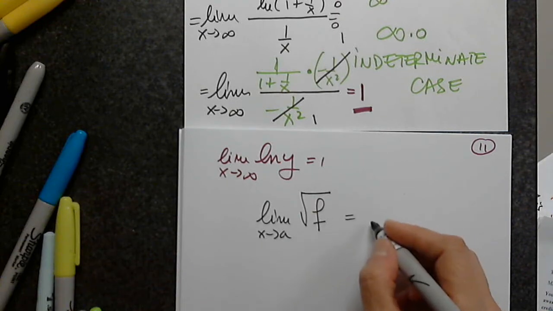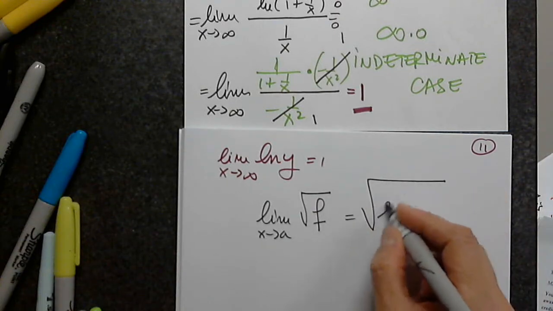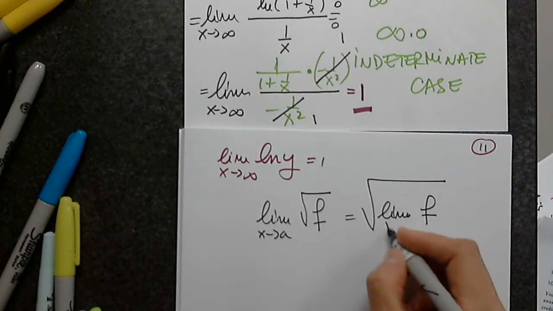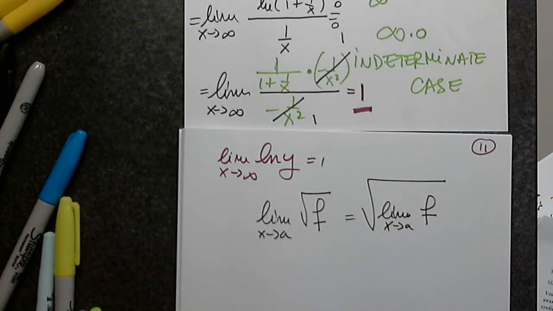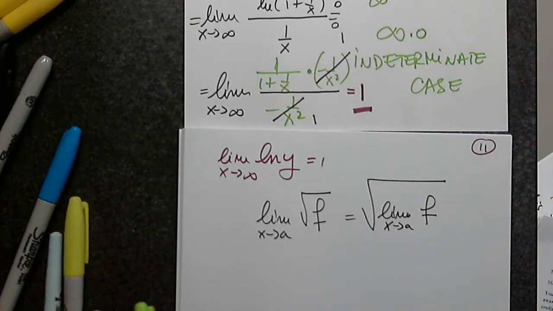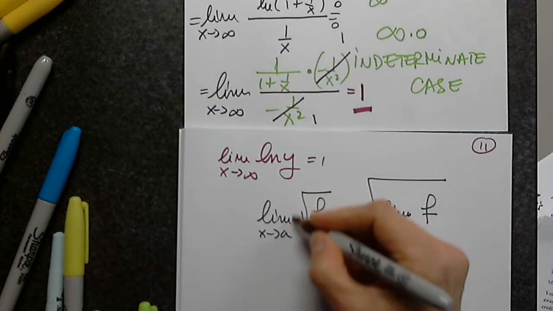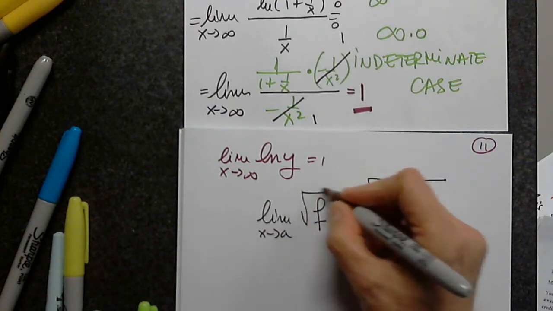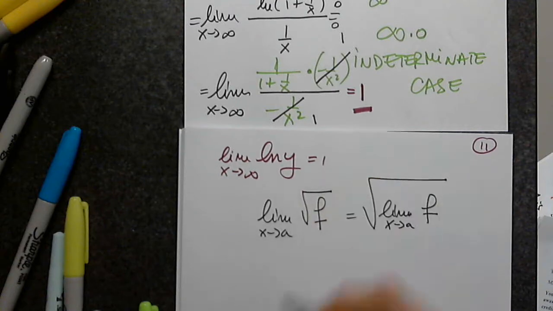This is the same as the square root of the limit of f as x approaches a. This was one of the 11 properties of the limits from chapter 2. So what really happened here? This is an operator, the limit operator. This is another operator, the square root operator.